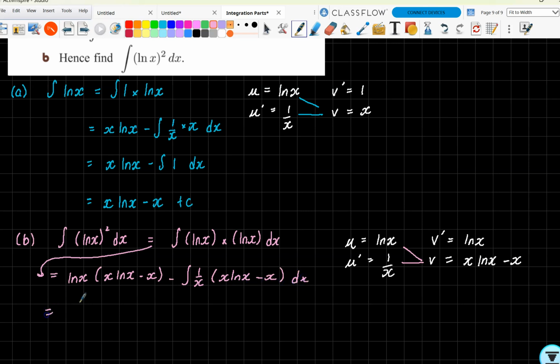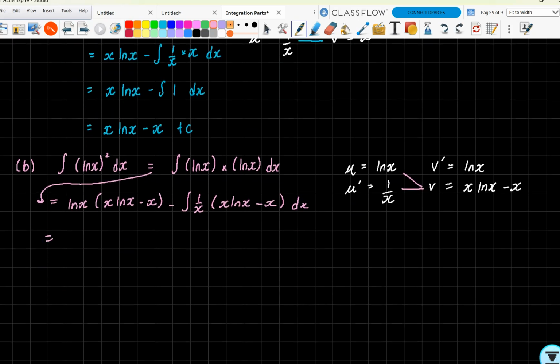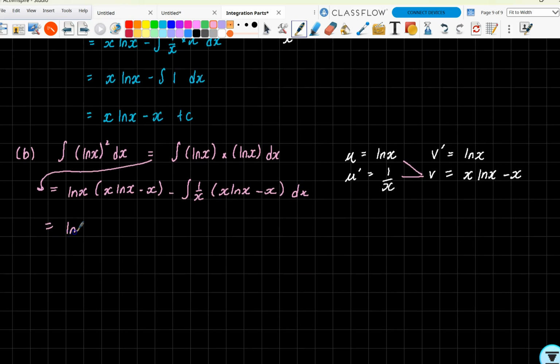So what does this become? ln x, I guess we could have tidied that up, but anyway, I've kept the brackets. Okay, 1 on x times x ln x, we're going to integrate ln x, and 1 on x times negative x is minus 1.